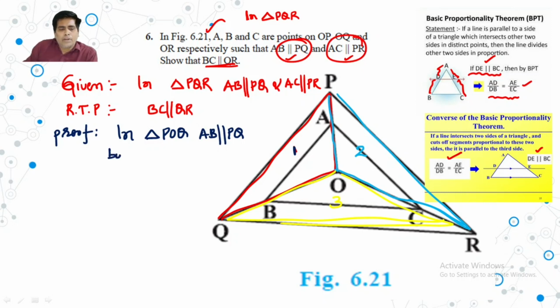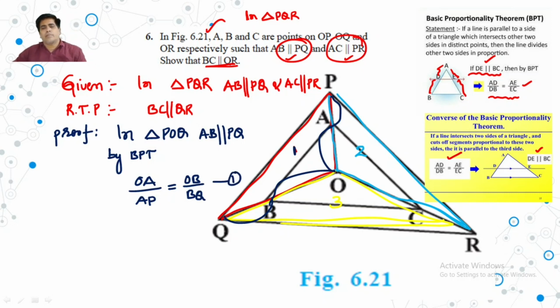Therefore, by BPT theorem, I can write that the ratios are equal: OA by AP is equal to OB by BQ. I have applied the BPT theorem. When the line is parallel, the ratios are equal. So based on this, I wrote this one.